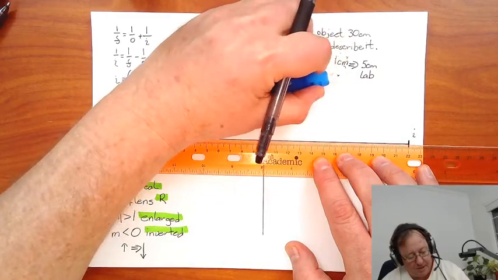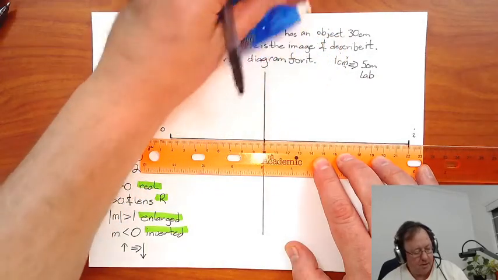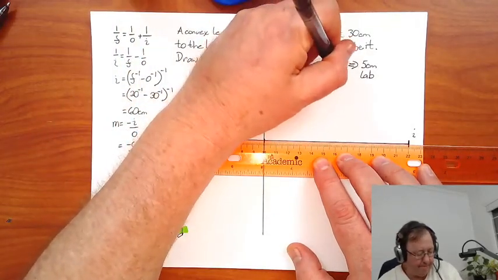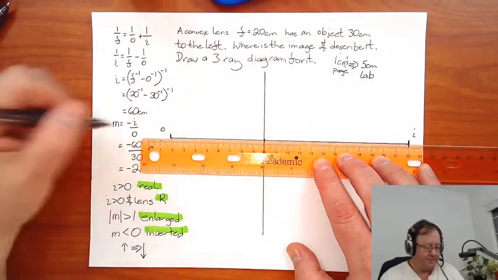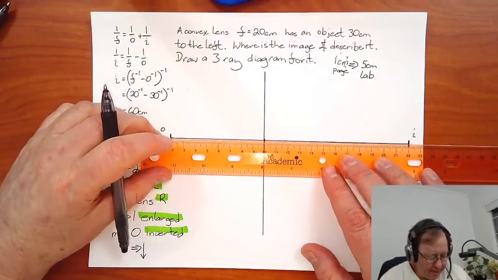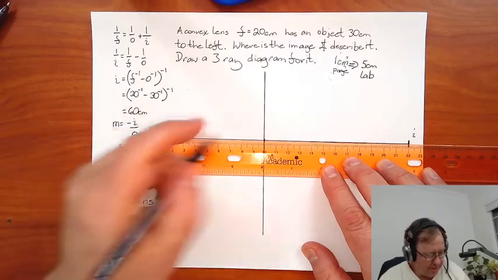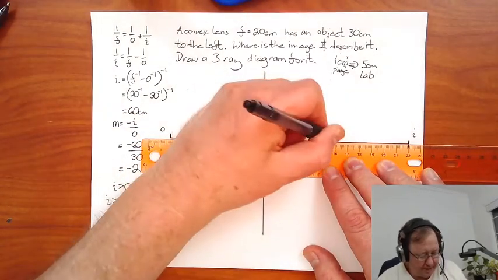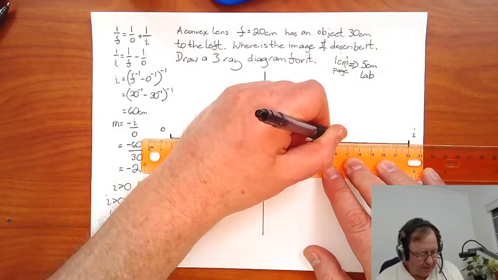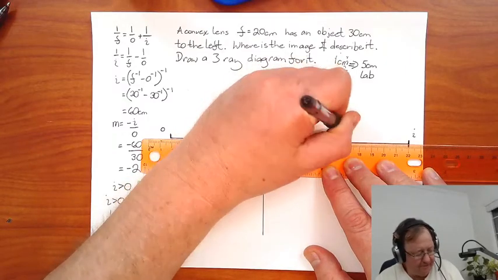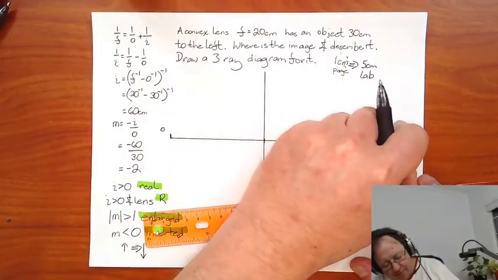So 1 centimeter on the page is 5 centimeters in the lab, which means that our true location of the image, 1, 2, 3, 4, 5, 6, just divide everything by 5, which means we get rid of that.